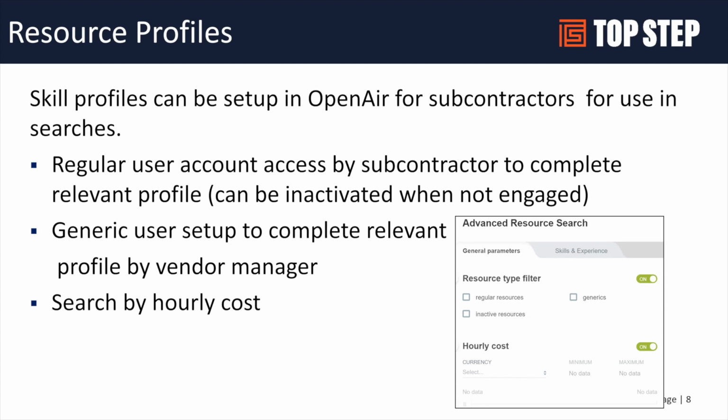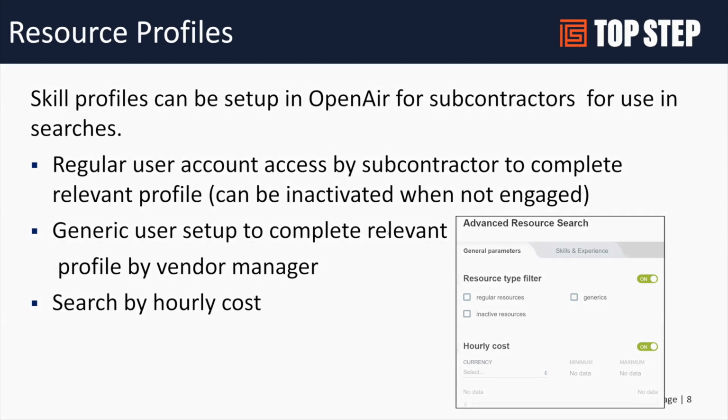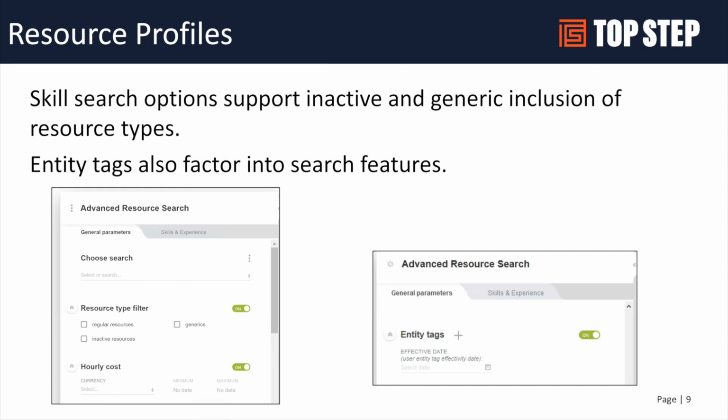Also, cost is another searchable element. We'll talk about costs in a few slides around how to manage that, but you can also search the cost if that's part of your decision process. So this screen shows a few things, the inactive and the costing.